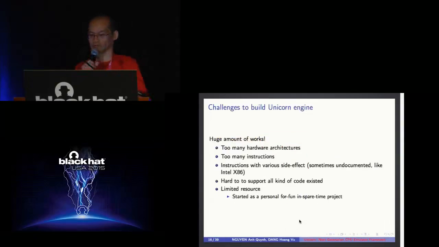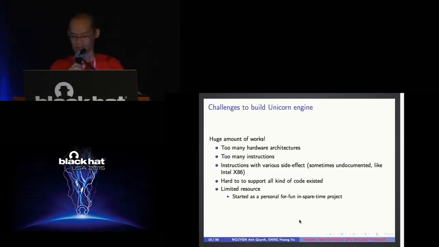The problem is that it's very hard to build Unicorn. That's our dream, but it's all at once. First, there are too many architectures. x86 only might take you a few years if you do it from scratch. But now you see that you want to do everything, not only x86. And each architecture has many instructions. For example, Intel, the latest version has like 1,500 instructions.